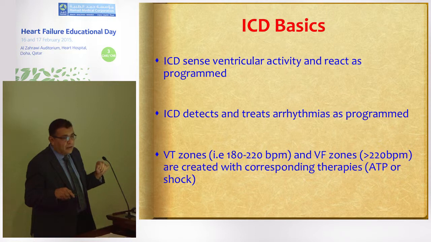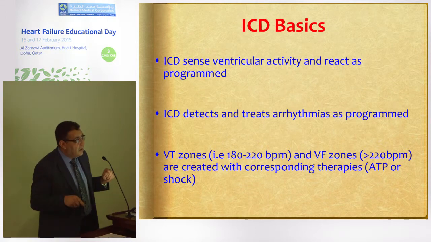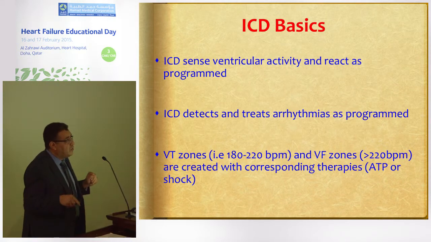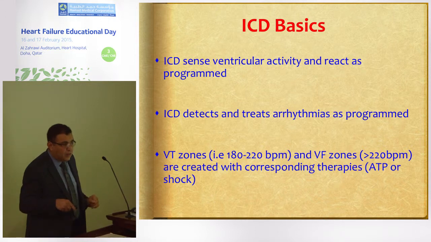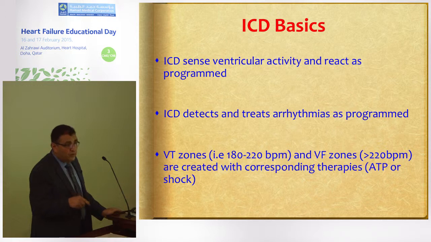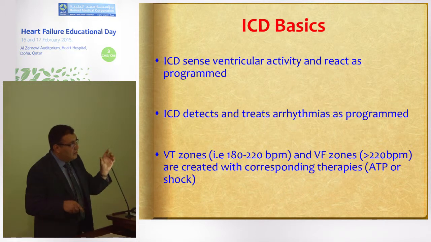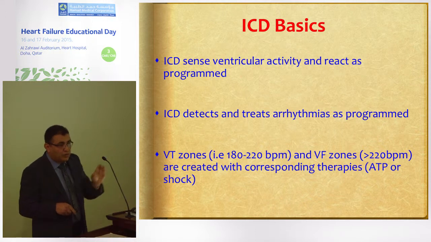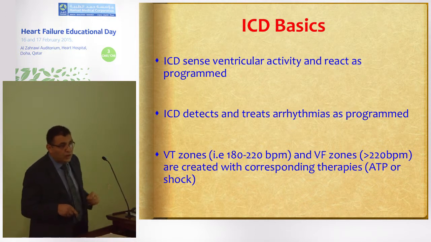One is anti-tachycardia pacing, usually in the VT zone, which tries to terminate the ventricular tachycardia without delivering a shock, and is painless to the patient. If the patient is in the VF zone and it is sustained for a duration of time, the device will deliver a shock to terminate the ventricular tachyarrhythmias.